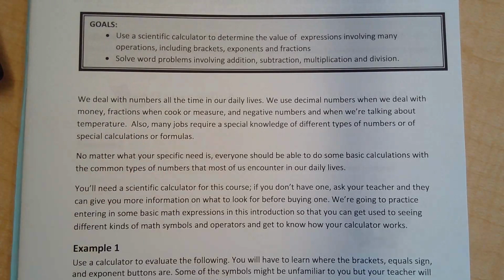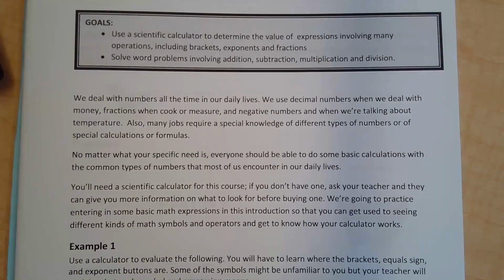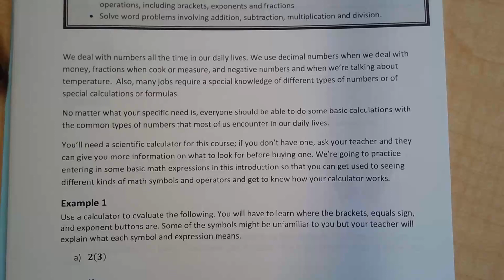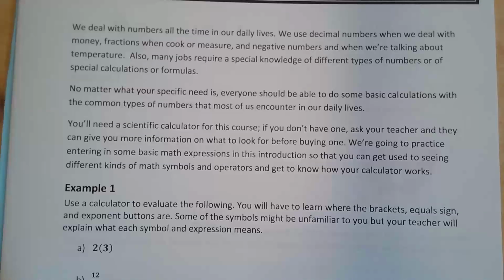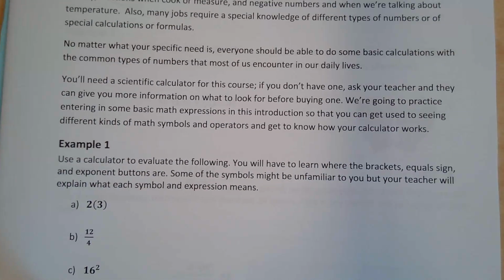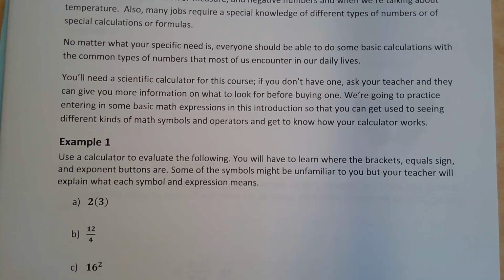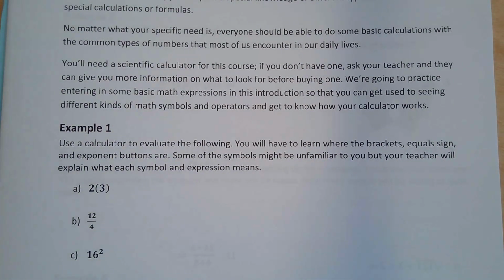Fractions when we cook or measure, and negative numbers when we talk about temperature. Many jobs require special knowledge of different types of numbers and special calculations of formulas. We will definitely do those throughout this course and on to the grade 12 course.